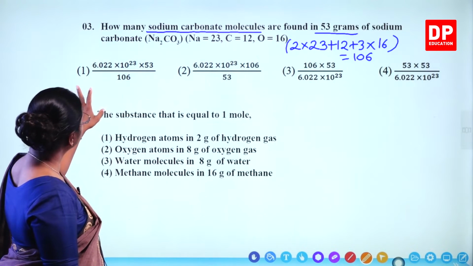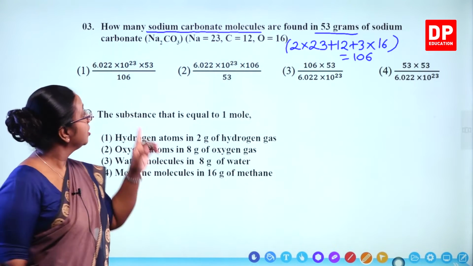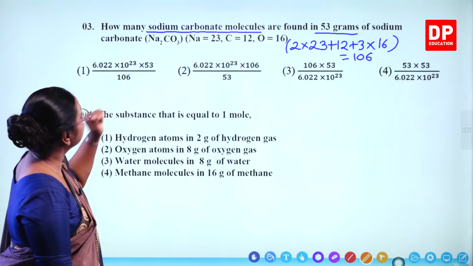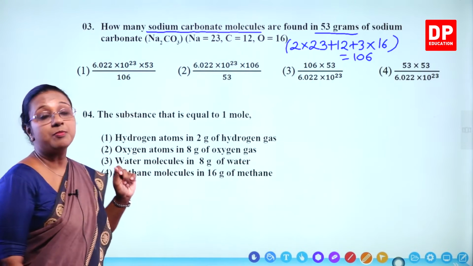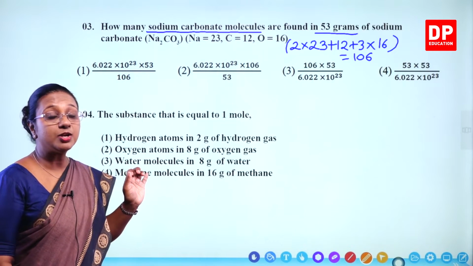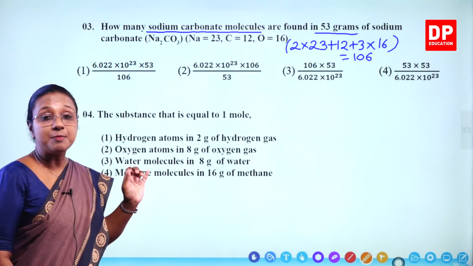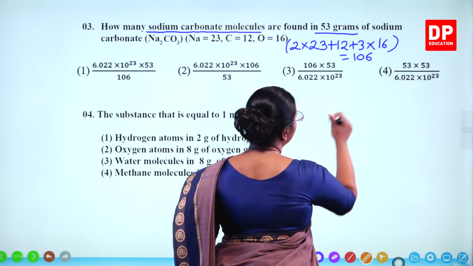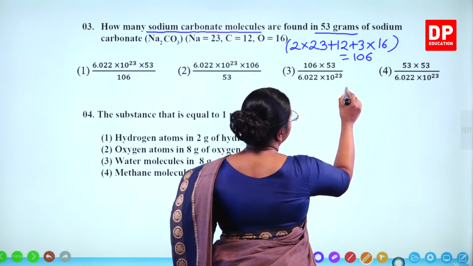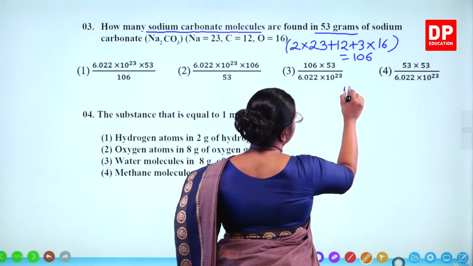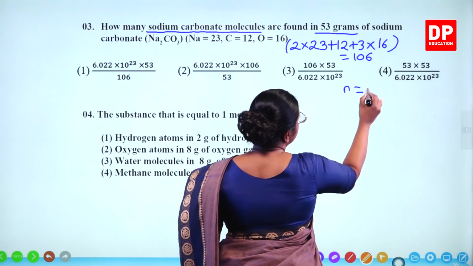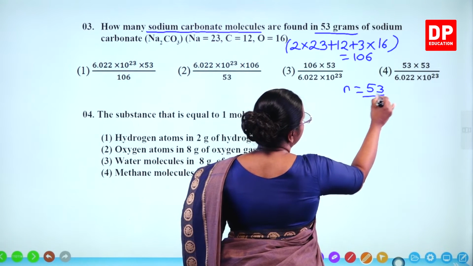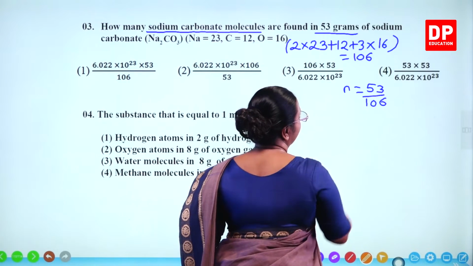Now you have to see which equation is correct. We are supposed to find the sodium carbonate molecules. To do that, what do we need to know first? The number of moles of sodium carbonate. So how do you get the number of moles here? Number of moles is equal to mass, 53, divided by 106 molar mass.